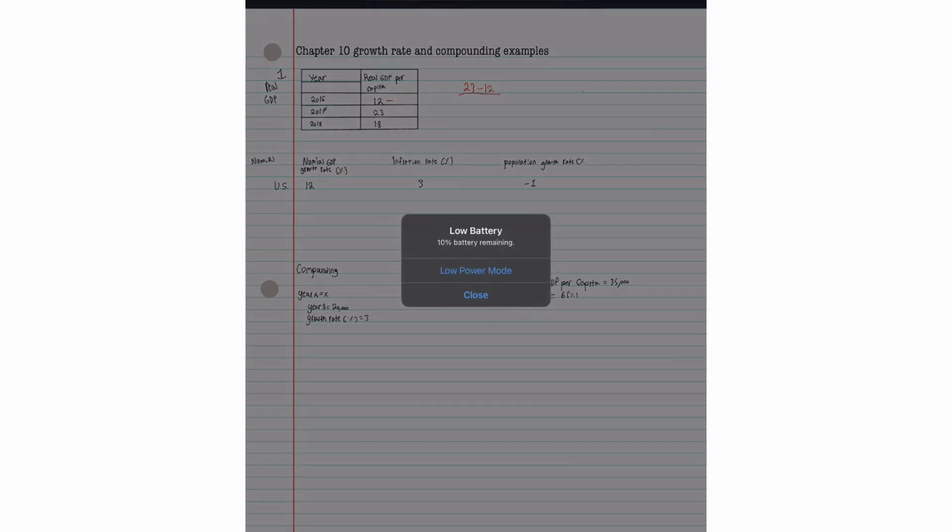So here, if we're going to start in the year 2017, which will be our current year, we'll have 23, and then we'll subtract 12, which is the GDP of the previous year, and then we will divide by that same number.